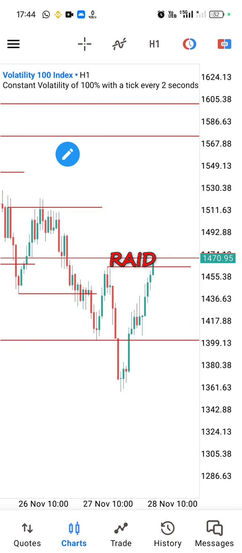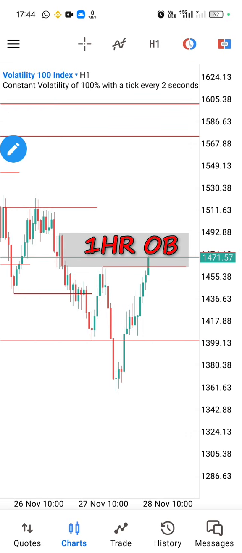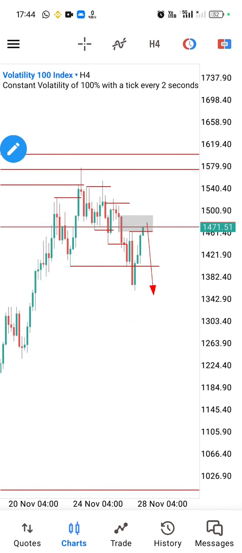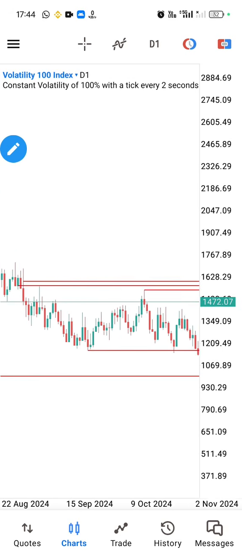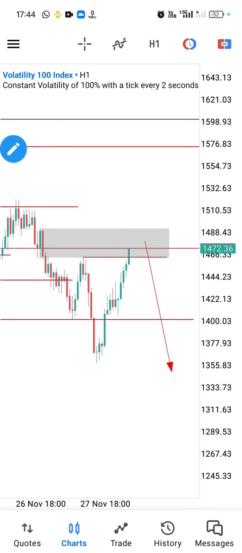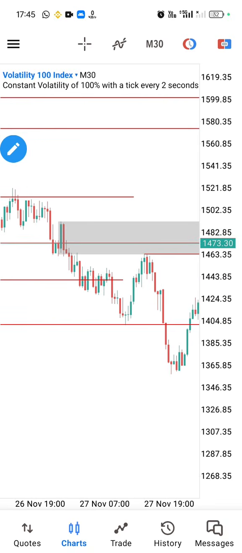Now price is raiding that high right now, and it's going to react off of the bearish 1-hour order block. That's the analysis right there. It's fast. If you didn't get it, repeat it and just watch it. You don't even have to listen to what I'm saying, because I'm speaking too fast and you might not actually get it.